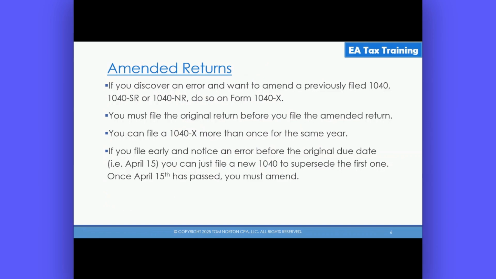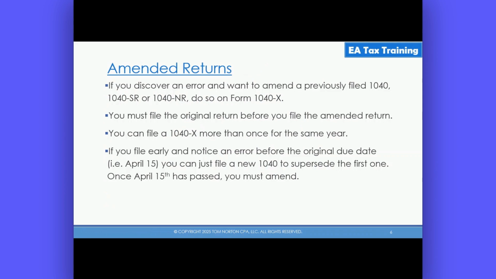And sometimes it's not even necessary to file a 1040X. If you file your return early before the original due date, and then you discover an error before the original due date, instead of filing a 1040X, you can just file a new 1040. It's called a superseding tax return. You file the new 1040.